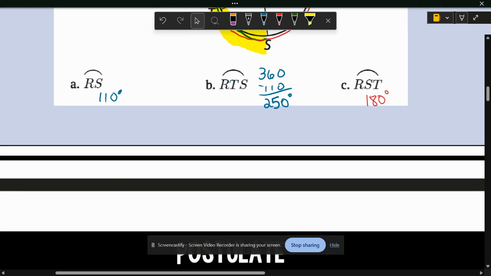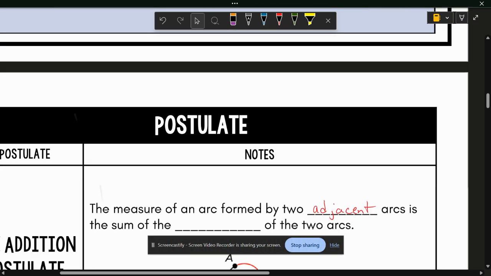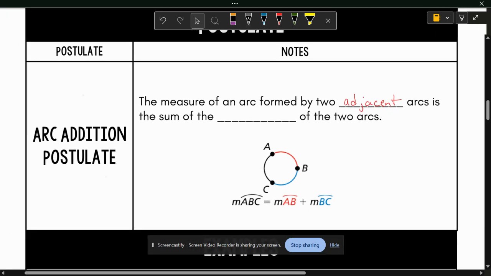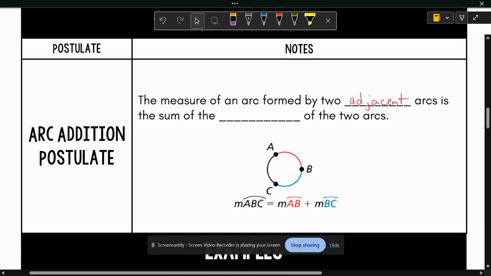All right, let's backtrack to this postulate here. Arc addition postulate: the measure of an arc formed by 2 adjacent arcs is the sum of the measures of the 2 arcs. So all it's telling you is that if you wanted, for instance, ABC, let me draw this in red.